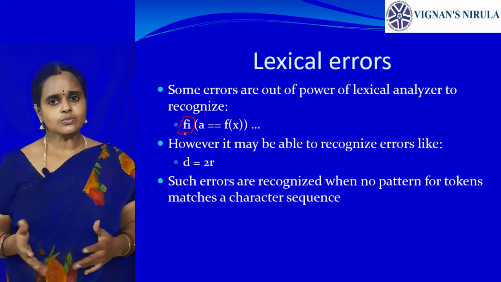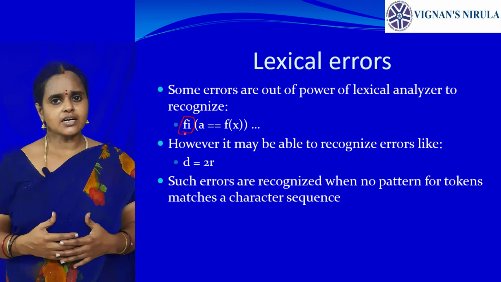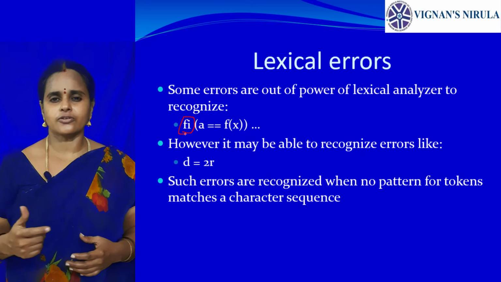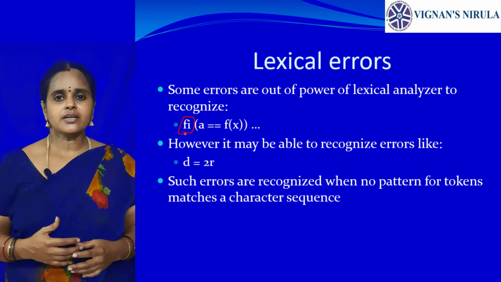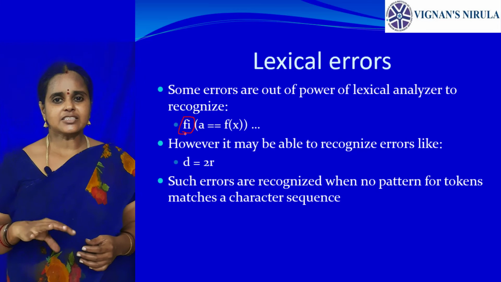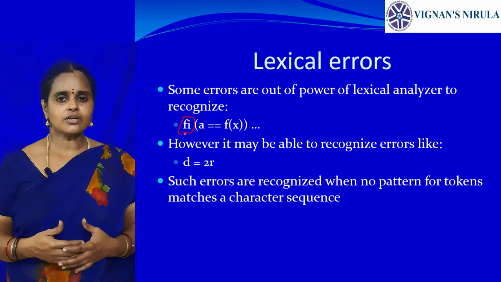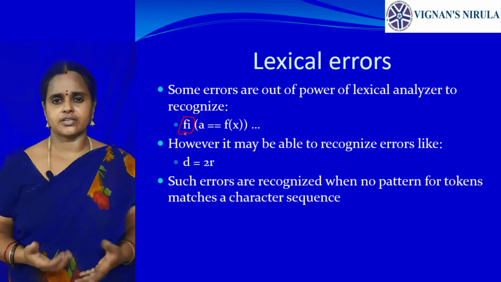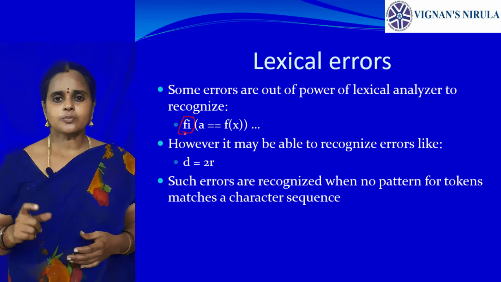FI comes under the pattern of an identifier rule. That is not a reserved word. According to your terminology, that is an "if" keyword, the reserved word, right? So these are the problems that may arise.